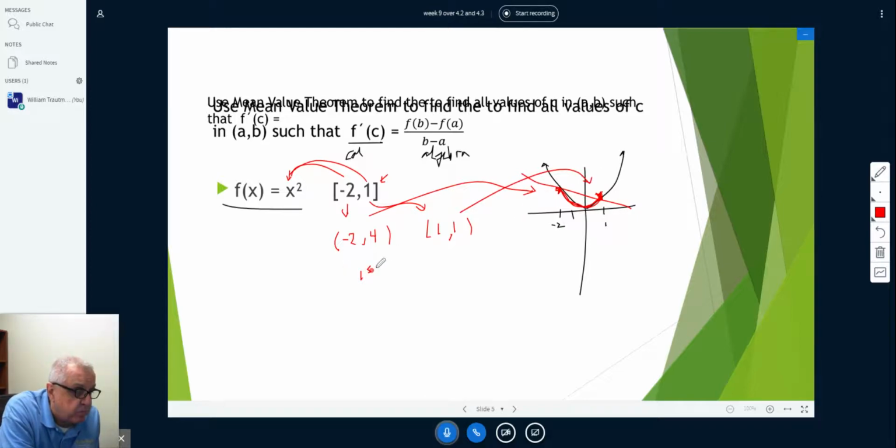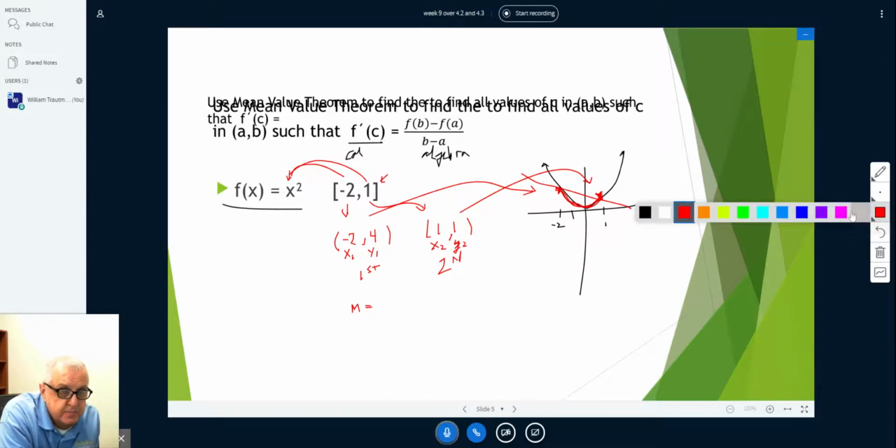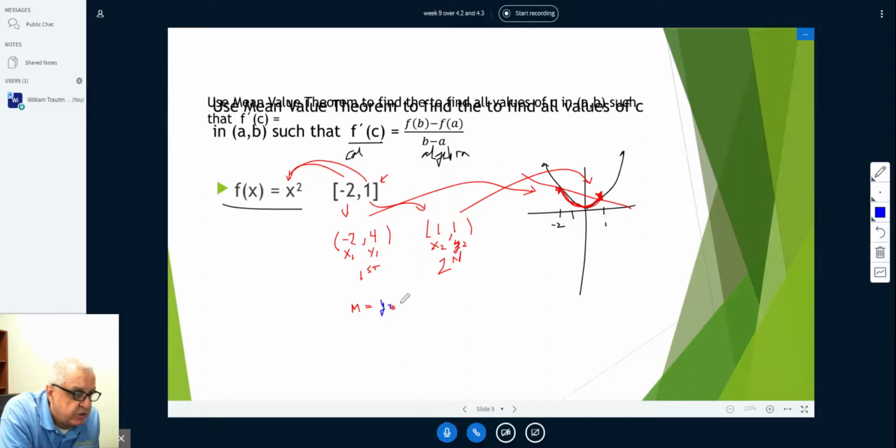Let's find the slope. This is my first point. This is my second point. This is x of the first point. This is y of the first point. X of the second point and y of the second point. So when I find slope, I should change my color. The formula for slope is y2 minus y1 divided by x2 minus x1.